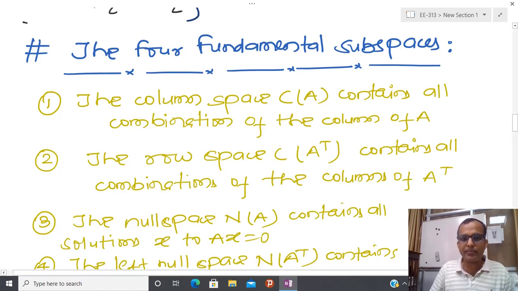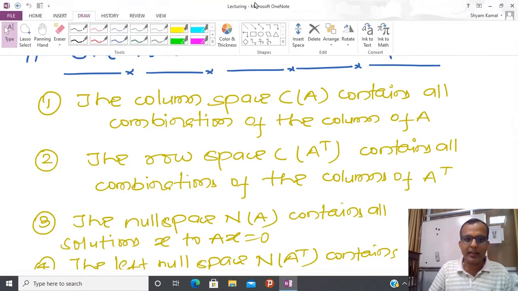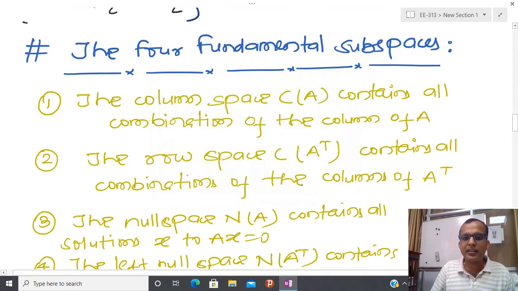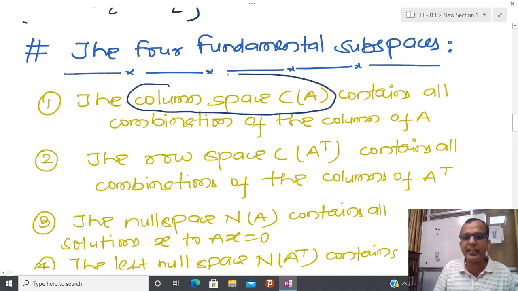So the first space is called the column space. Let us try to see the meaning of this column space. Suppose I have some matrix A, then I am going to define the column space by C(A), which contains all the combinations of the columns.